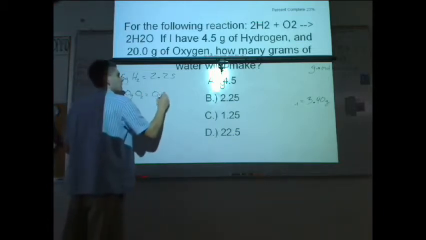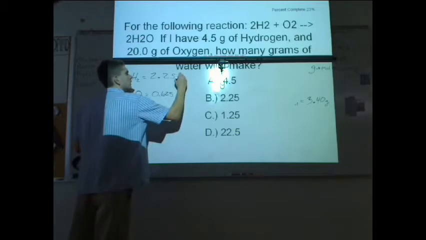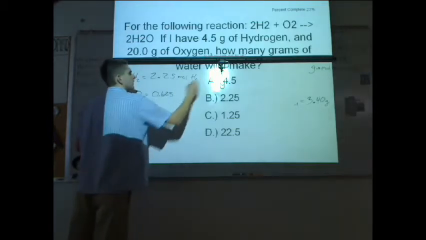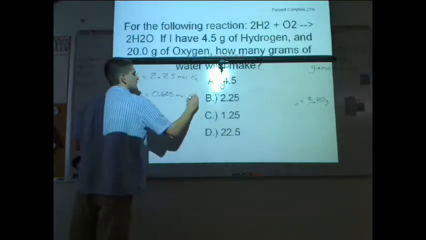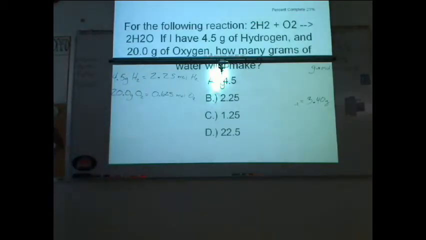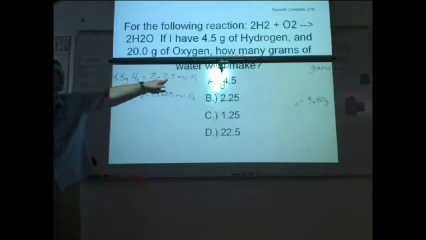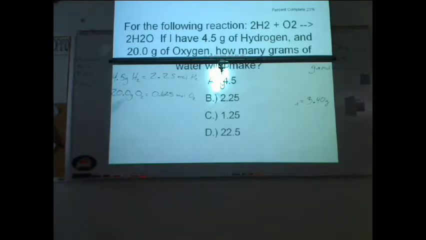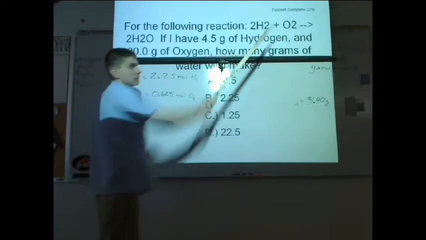0.625. So, which one is limiting? Oxygen. Now understand it's not just because it's smaller. Because if this was 2.25 and this was 2, hydrogen would be limiting. Because remember, hydrogen has to be twice as much of oxygen.